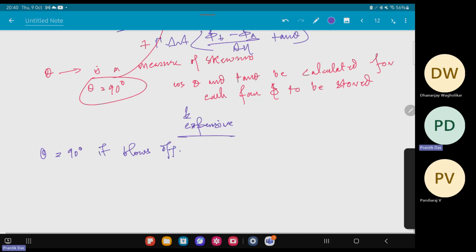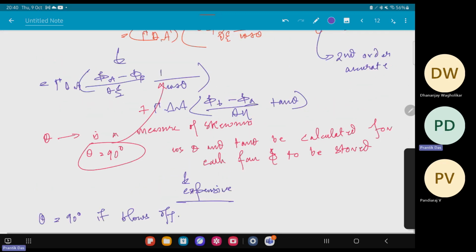Now, the second term which is appearing is called the cross diffusion term. Okay, so the cross diffusion term is here.